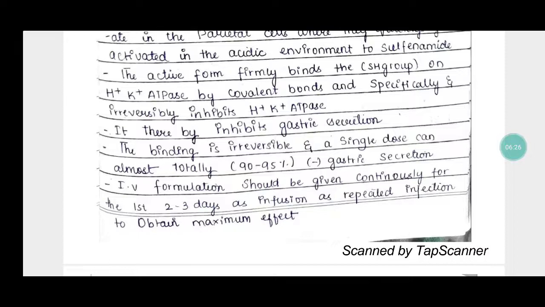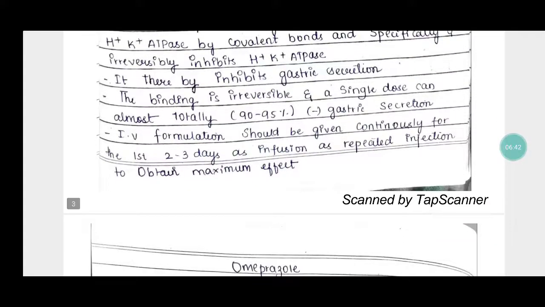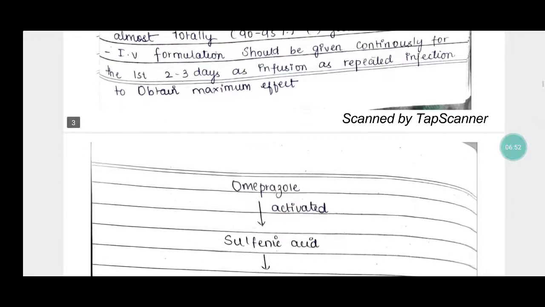It thereby inhibits the gastric secretion. The binding is irreversible, and a single dose can almost totally inhibit, 90 to 95%, of gastric secretion. The IV formulation should be given continuously for the first 2 to 3 days as an infusion rather than repeated injection to obtain the maximum effect.